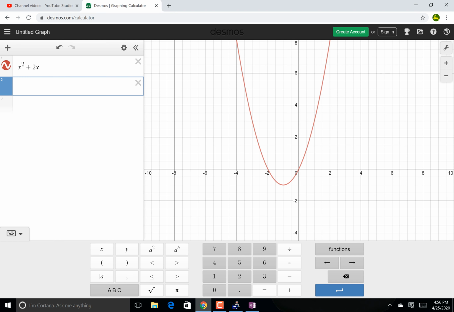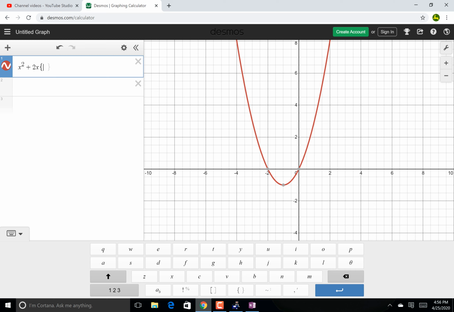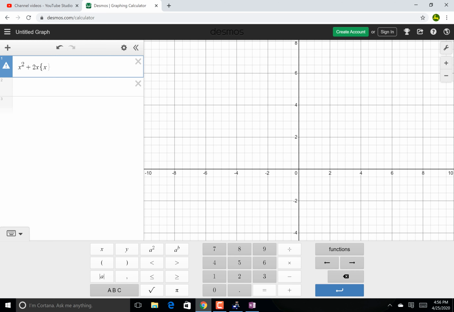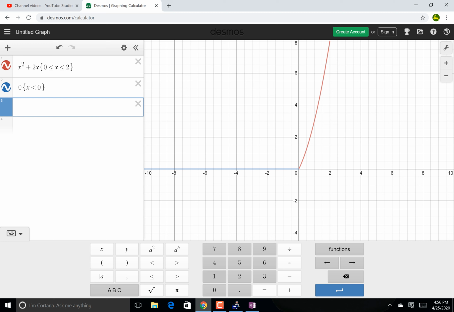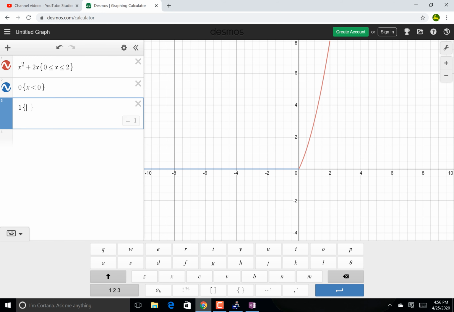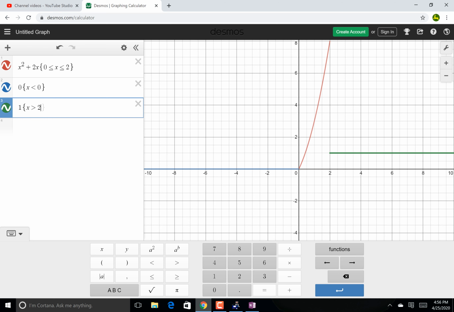Remember this: the CDF is the piece-wise function where 0 is less than or equal to x, less than or equal to 2, it's that expression; it's 0 when x is less than 0; and it equals 1 when x is greater than 2.